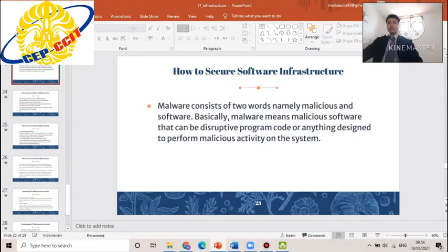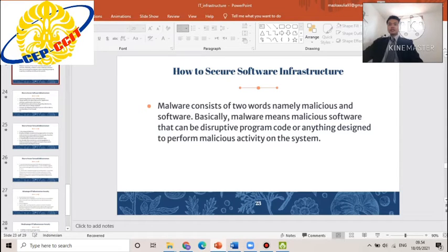Hello everyone, my name is Muhammad Azka Aulia, and I will explain to you how to secure software infrastructure, how to secure network infrastructure, and last, the advantages and disadvantages of IT infrastructure security. Okay, first, how to secure software infrastructure.